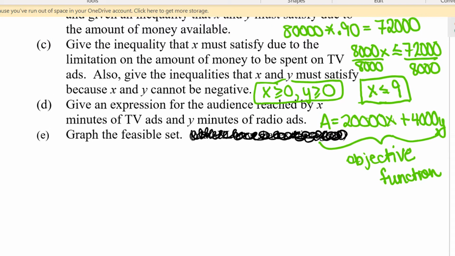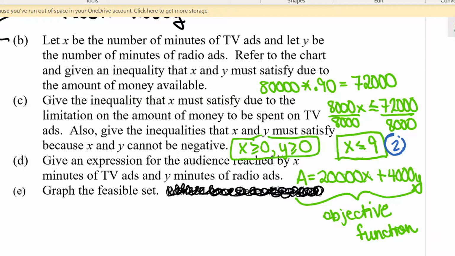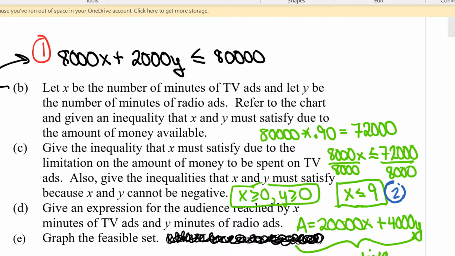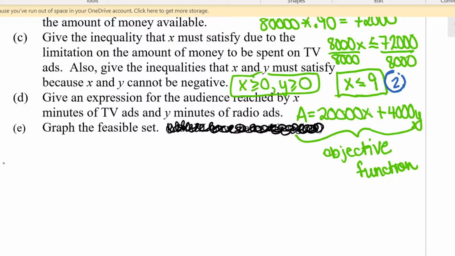We have 1, 2, and then the non-negativity I've already taken care of. So for 1, I want to find the x and y intercepts. First, we'll change to an equation. So it would be 8,000x plus 2,000y equals 80,000.